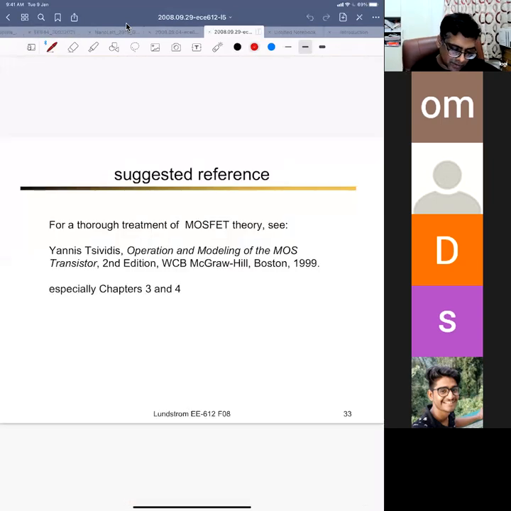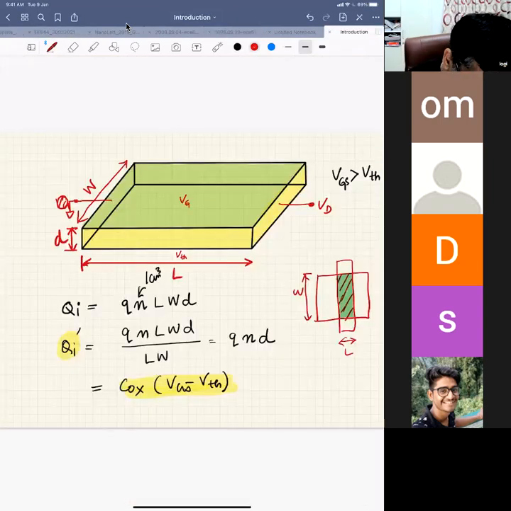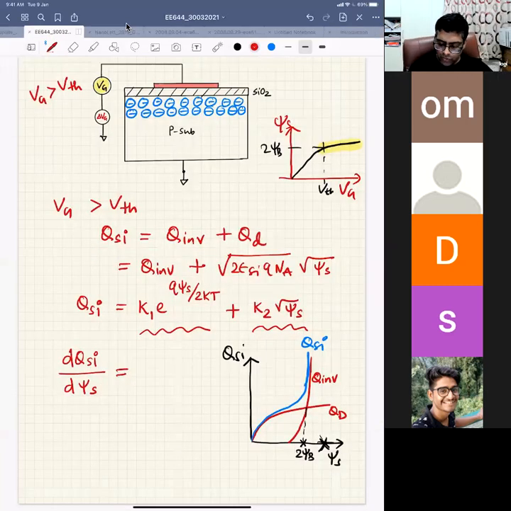We are operating somewhere here, right? Okay. So here if you see, your inversion charge is much higher than your depletion charge, right?